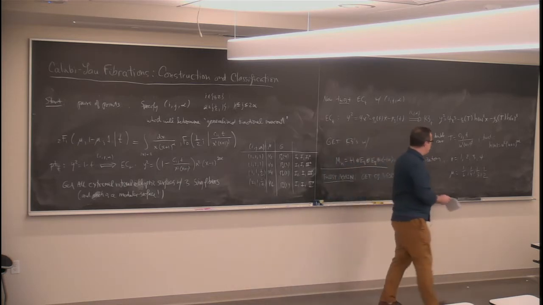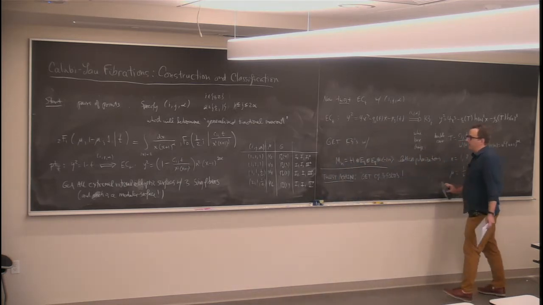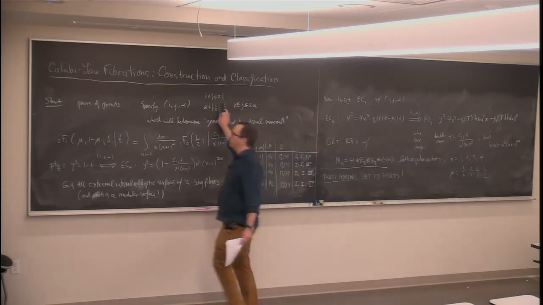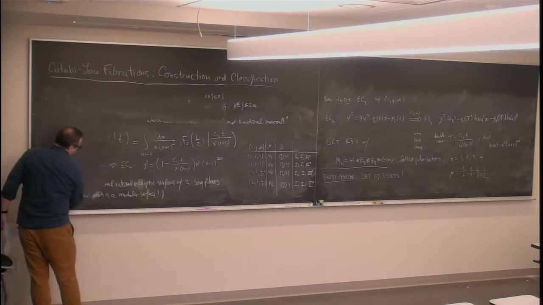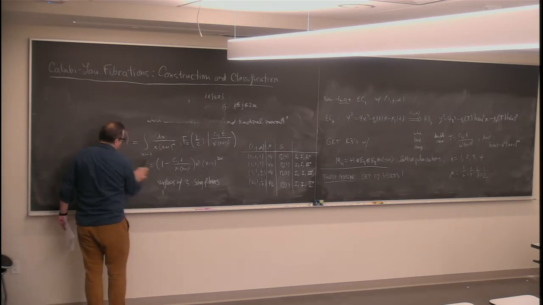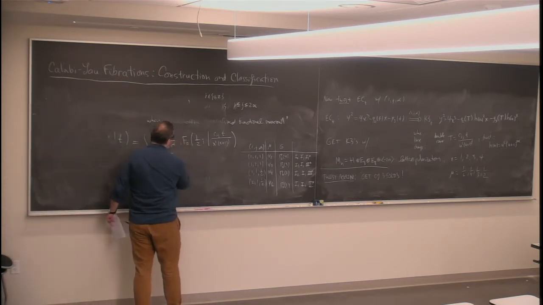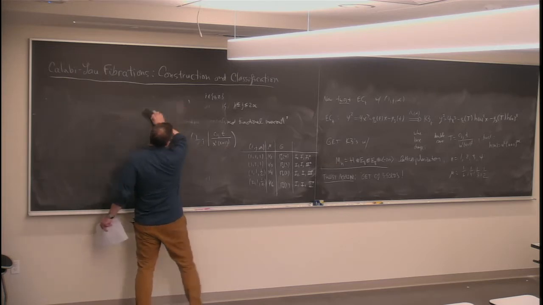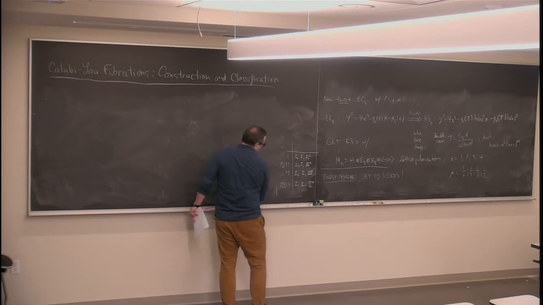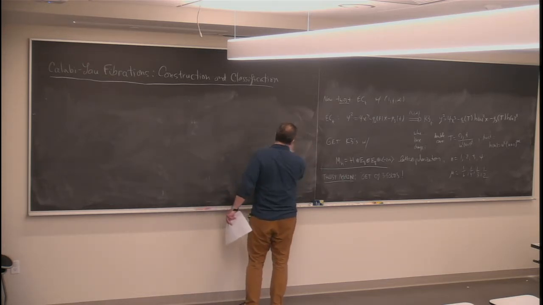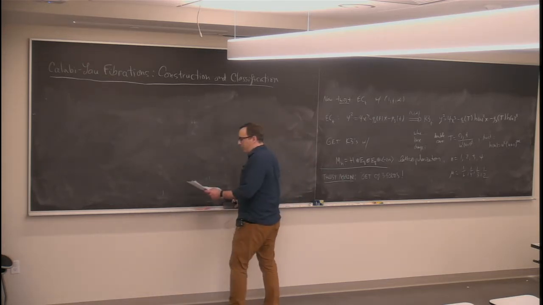So just so you know that this does lead to quote-unquote interesting examples, let me give the example of another astonishingly overlooked in the literature tower of Calabi-Yau fibrations. We did one or so example of this on Tuesday, but let's do the whole tower.